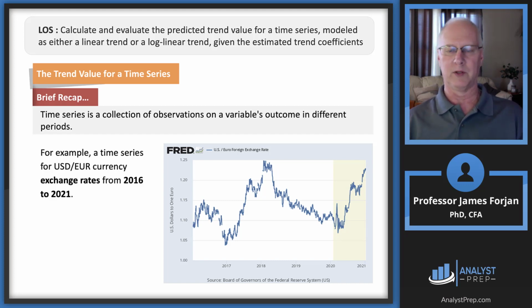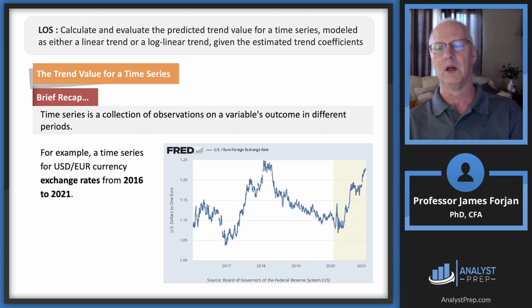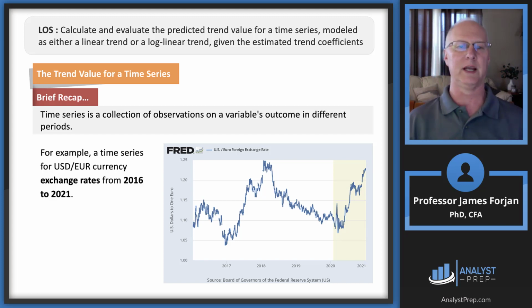So look at the period between 2017 and 2018. There's an upward trend. And then the period between 2018 and 2020, excuse me, there's a downward trend. And then through the initial part of 2020, 2021, there's yet again another upward trend.